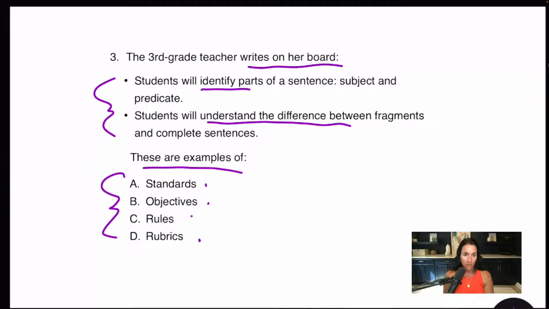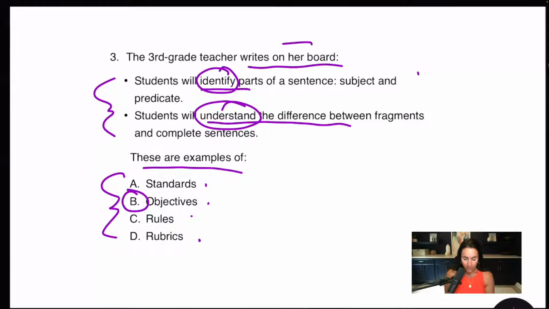These are examples of, okay, these are not standards. Standards are big overarching goals, okay? And they're going to have numbers and they're going to have all these different ways to indicate that they're standards. They're larger goals. These are objectives. Notice they have the skills, identify, understand, okay?